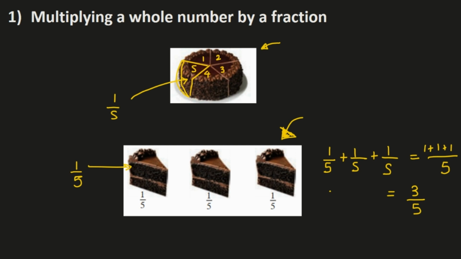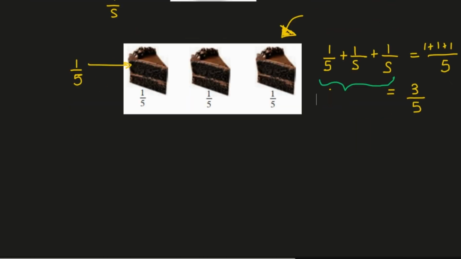Because you can remember, I hope, 2 plus 2 plus 2 equals 6. So we can write this 6 as 2 into 3, right? We are adding 2 for 3 times, and due to that, it's 2 into 3 equals 6. So the same scenario applies here as well. It's 1 upon 5 plus 1 upon 5 plus 1 upon 5.